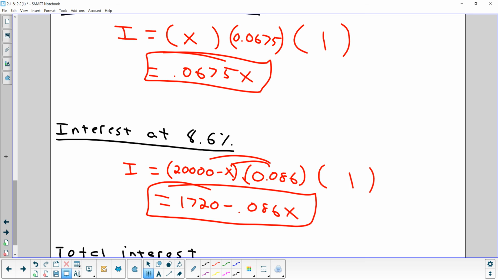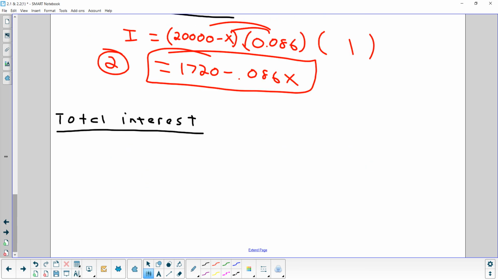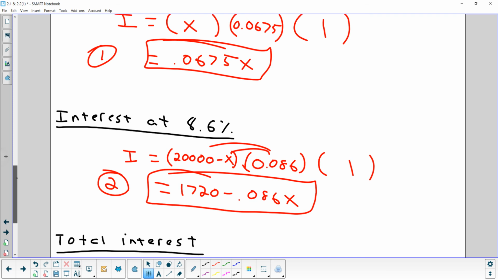The total is when we take box 1, box 2, and add them, and combine any like terms we can. So we're going to have 1720, and then 0.0675 minus 0.086, because when I add them, we're adding a negative, so it's really subtracting.